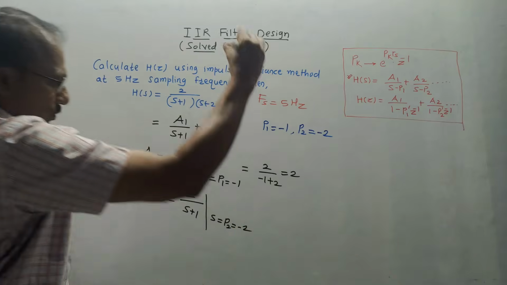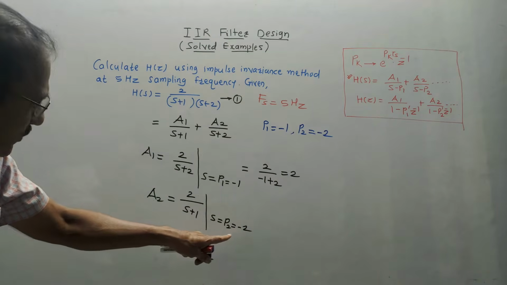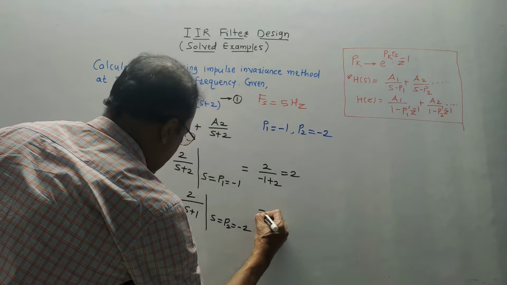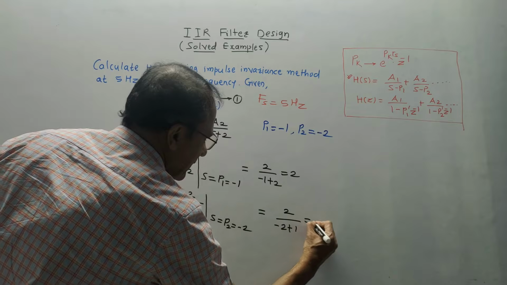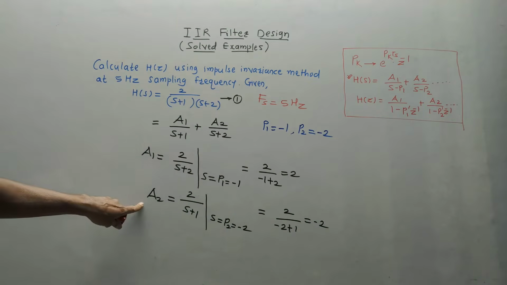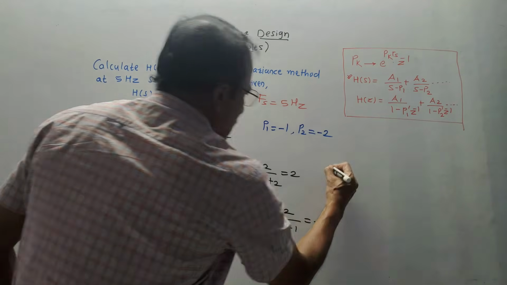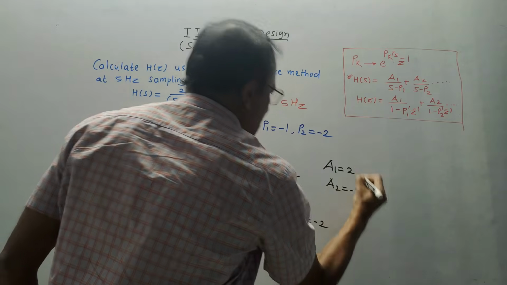So put s equals P2. Wherever s is there, I need to put s equals minus 2. So this equation can be written as 2 upon minus 2 plus 1, that is equal to minus 2. So I have got the values of A1 and A2. A1 is 2, A2 is minus 2. So I will write these values over here. A1 is 2, A2 is minus 2.